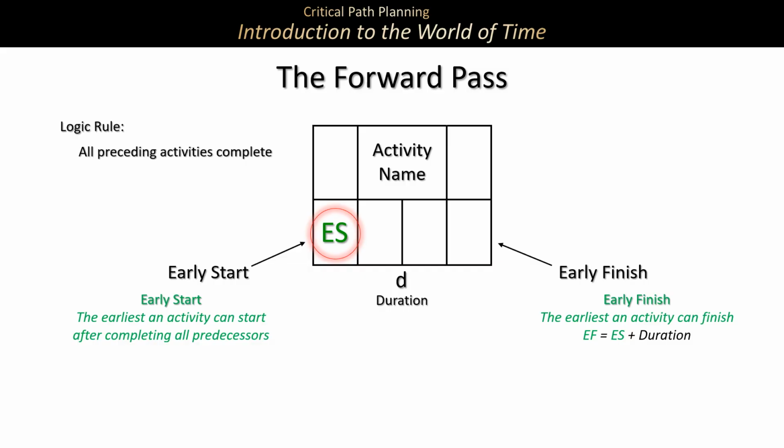Once we've established that, we can apply a simple calculation to show us the earliest an activity can finish. And that calculation is the early start plus the duration will give us the early finish.